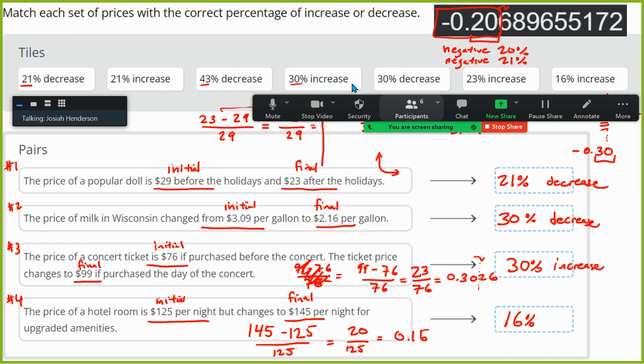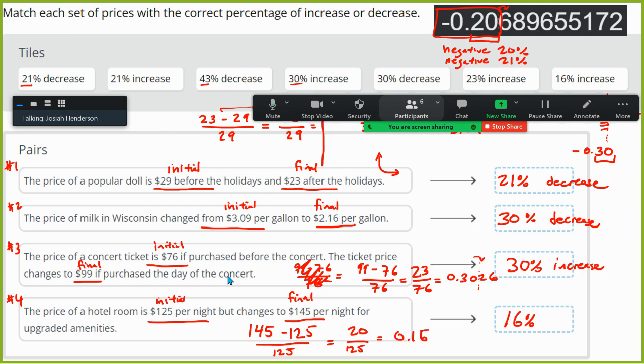Double check your initial going to final. Initial means like starting. Remember, initial, think starting. So if it starts at 125, ends final at 145, did that climb and go up, or did it decrease and go down from 125 to 145?